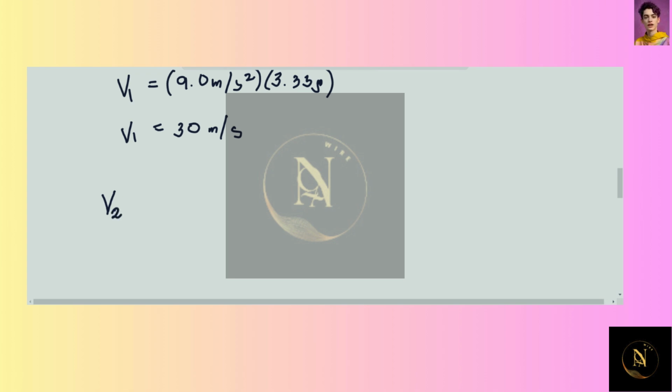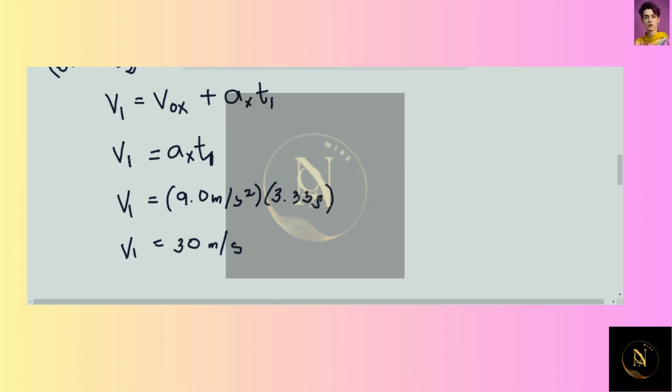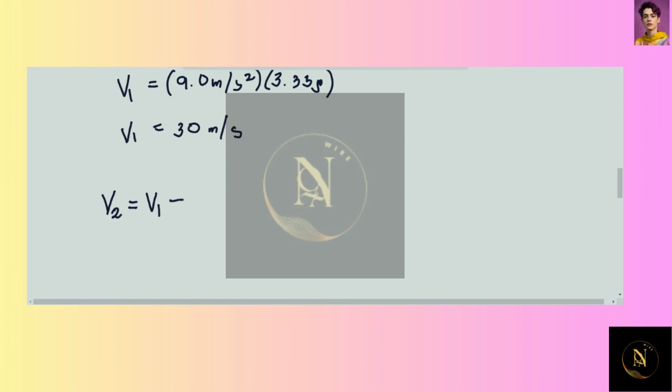So v sub 2, or the velocity 2, is equal to v sub 1 plus the acceleration multiplied by t sub 2.